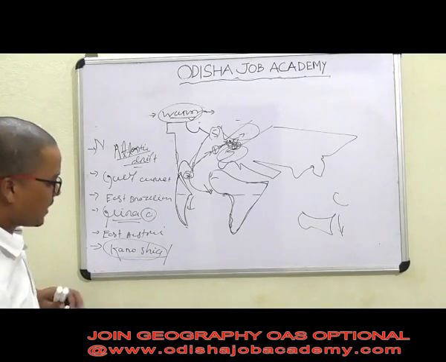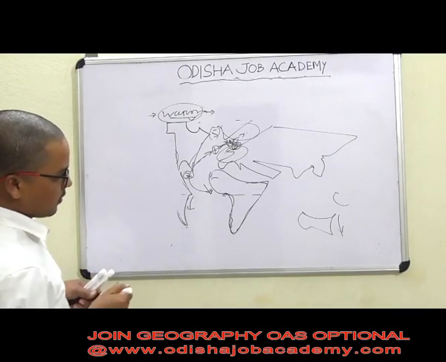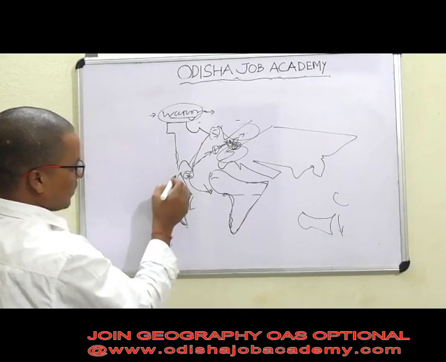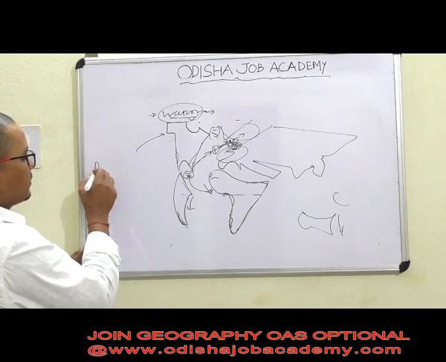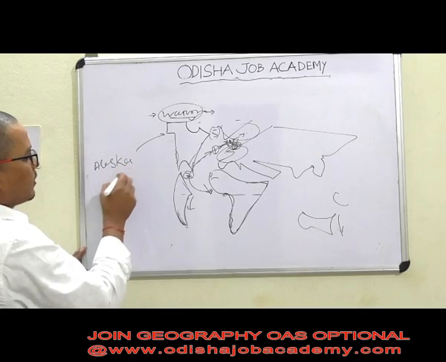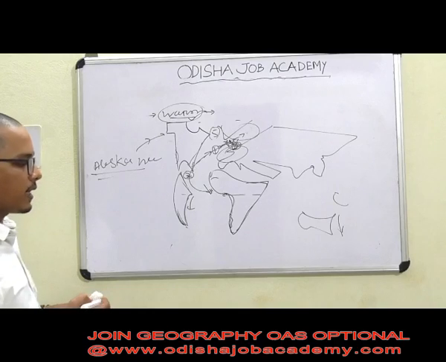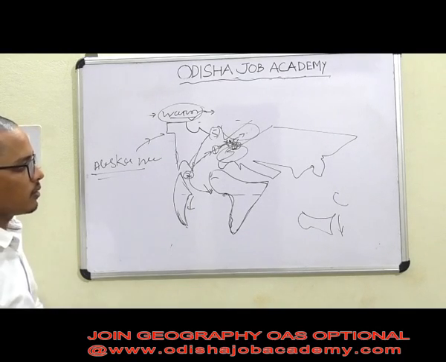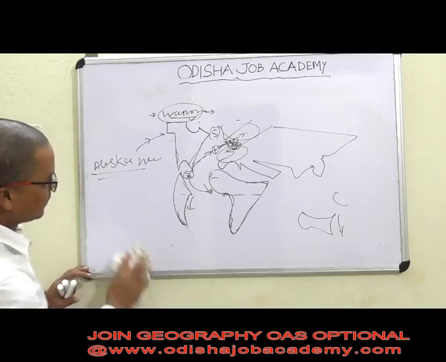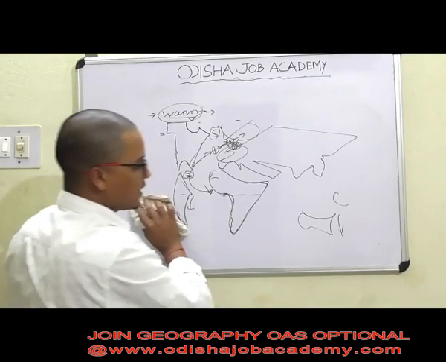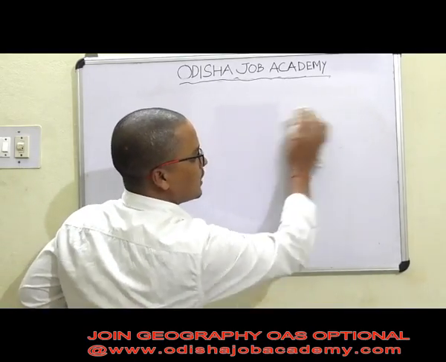Other warm currents in the Pacific Ocean include the Alaska warm current, also known as the North Pacific warm current. These are most of the warm currents I have discussed. Now the currents are finished, and we will move to the next questions.